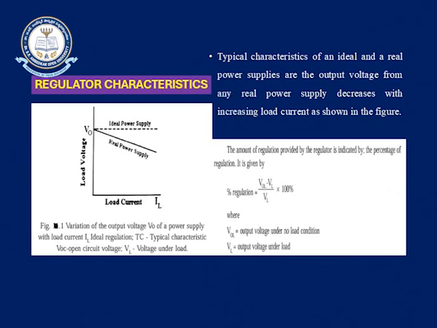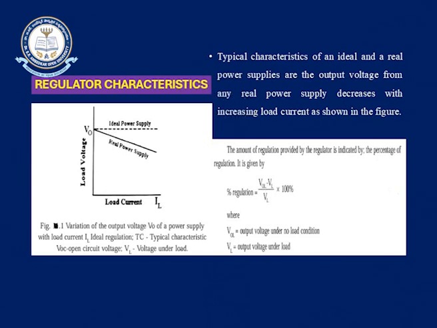The typical characteristic of an ideal and real power supply is that the output voltage from any real power supply decreases with increase in load current, as shown in the graph.